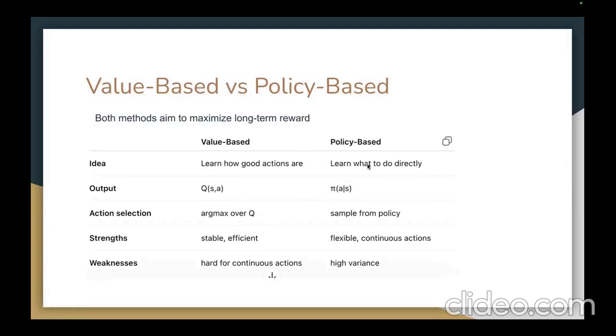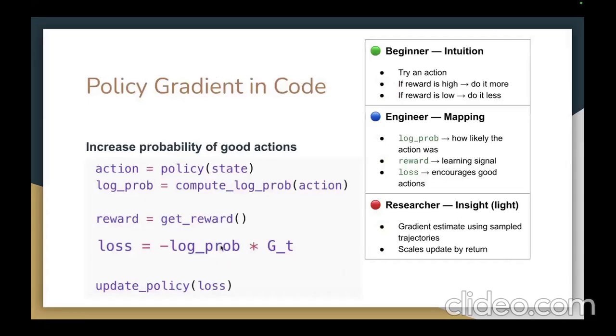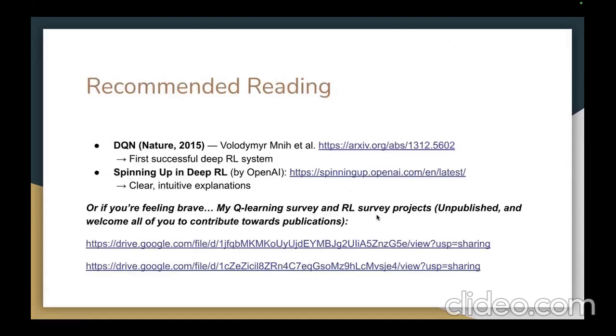For policy-based methods, we learn what to do directly, and the output is a policy, and we sample from the policy to select an action. The strength is that it is flexible and especially good for continuous actions. However, one problem is that it has high variance because we sample trajectories, and you may get very different reward values.